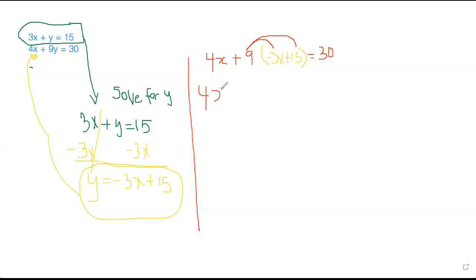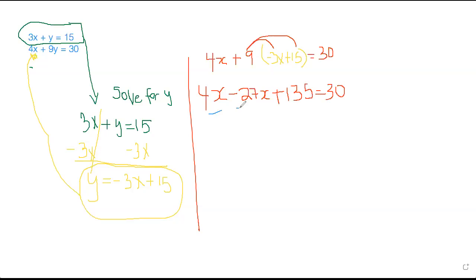So we have 4x, and then 9 times negative 3x plus 9 times 15, which is 135, is equal to 30, right?